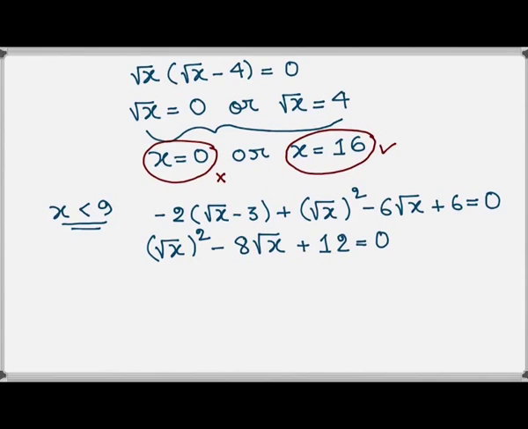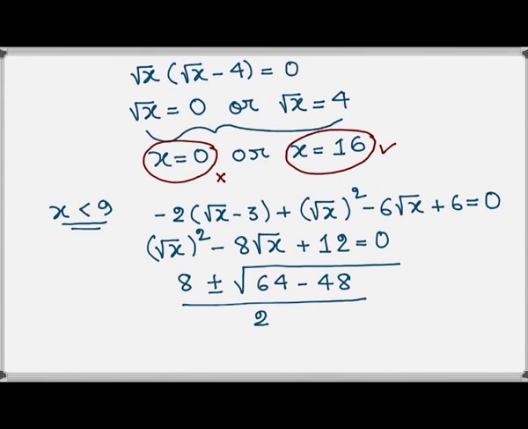Again we have a quadratic equation in the variable √x. We solve it for √x and we get the solutions are (8 ± √(64 − 48))/2. So we have √x = 2 or 6.